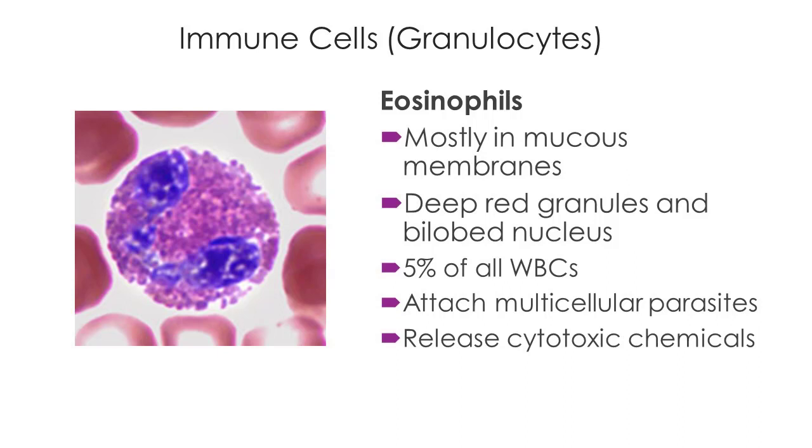That's how we got the eosinophil, because of those deep red granules that almost obliterate your ability to see the bilobed nucleus. These are only ever going to have 2 lobes to their nucleus. They're much less abundant than neutrophils. And more than just undergoing phagocytosis of anything and everything, they're really going to be focused on attacking multicellular parasites.